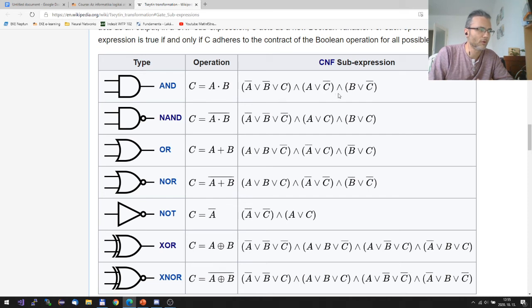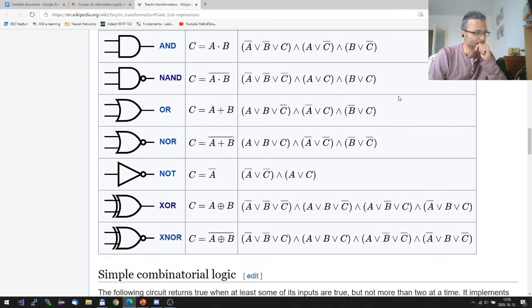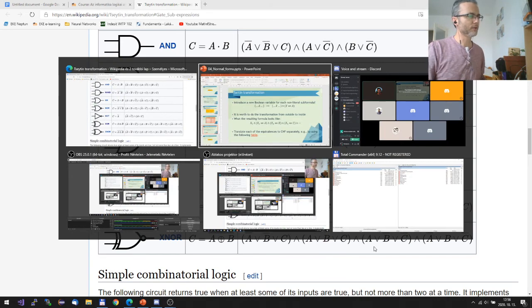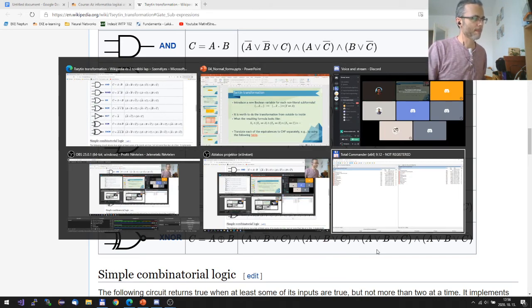It consists of three clauses, and that's it. And the same is given for disjunction or XOR or equivalence in the very last row. You see? Okay, so let me show you an example, if you don't have any question at this point.